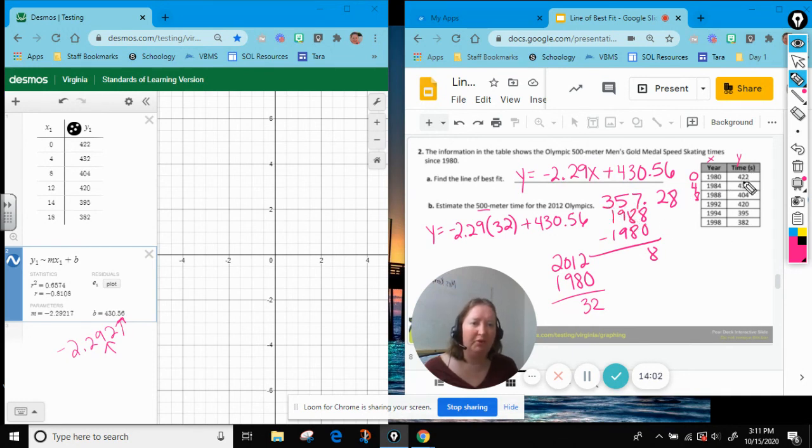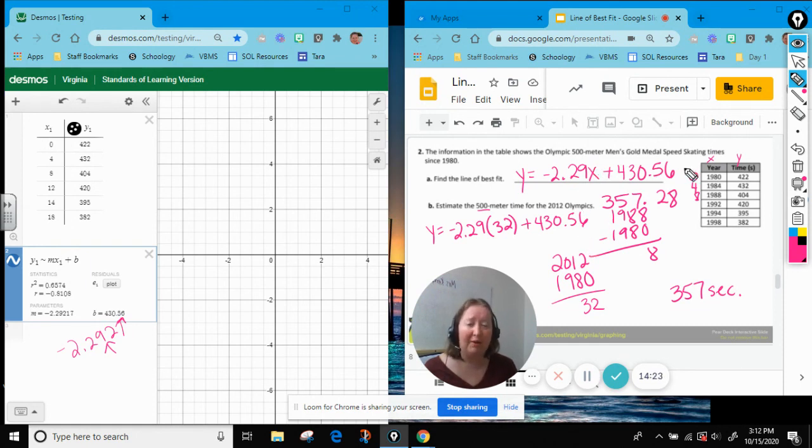So they have put this time in seconds, and so we need to round to a whole second. Okay, so 357 seconds. Now you're probably saying, well, why did you leave all these decimal places if you're just going to round it at the end? Because it's more accurate if you leave these decimal places.